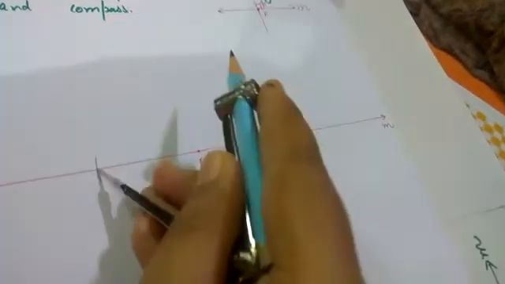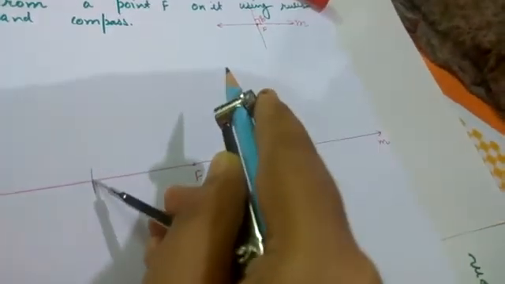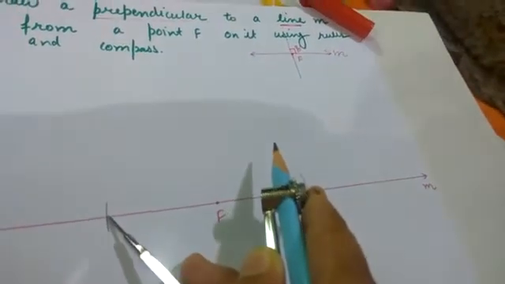Now also open the compass as much as you can. The first step is now also, after that no need to move the compass here and there. Now see, firstly place the pointer of the compass at this point where you have cut it firstly and mark the cut one upper side and one down side.